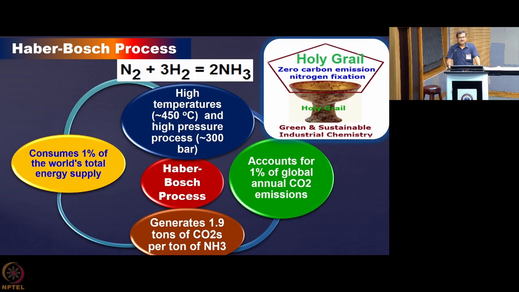So this is something where our society is concerned, and the holy grail is zero carbon emission nitrogen fixation. This should be green and sustainable as far as the chemistry is concerned.